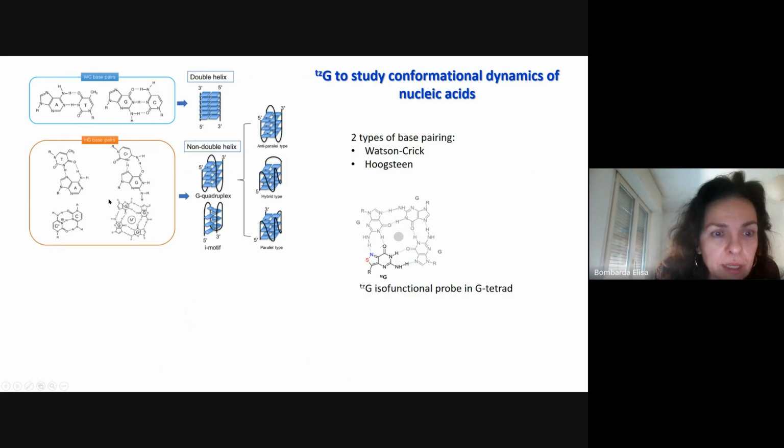And so it's essential, very important, that in TCG this nitrogen is maintained. That means that TCG can form Hoogsteen base pairing correctly, and TAG not really, or when it forms them, they will be less stable.